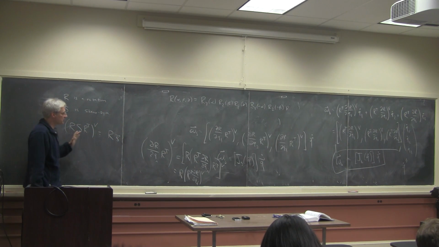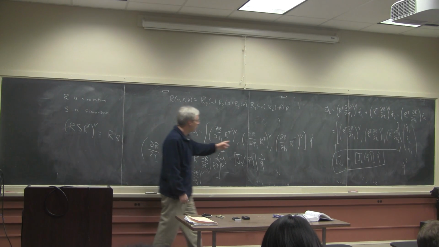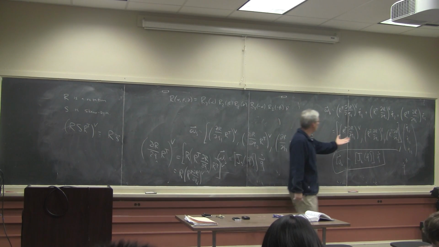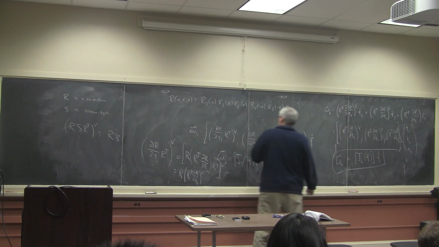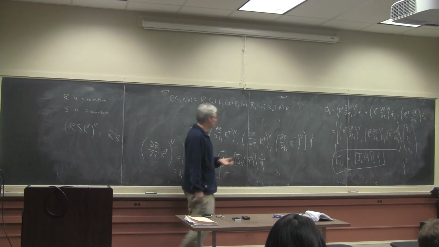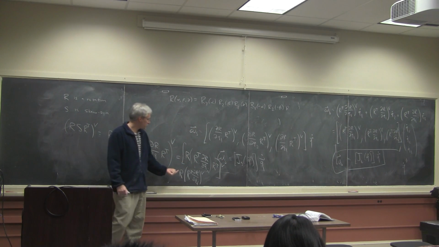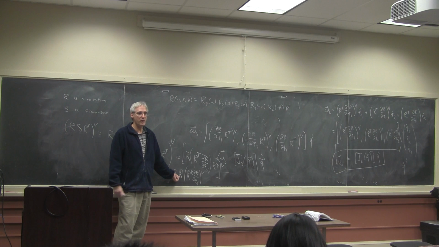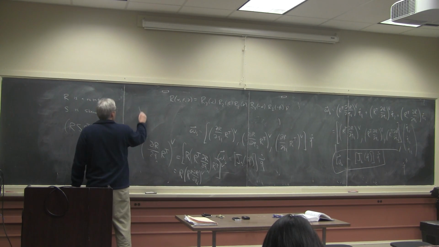So what that says is that we can take any column of the body fixed Jacobian matrix, and the corresponding column in the space fixed version of the Jacobian matrix is just going to be that pre-multiplied by R.